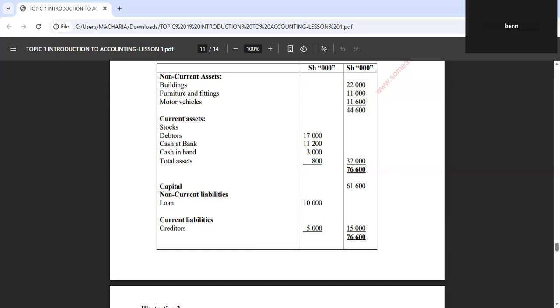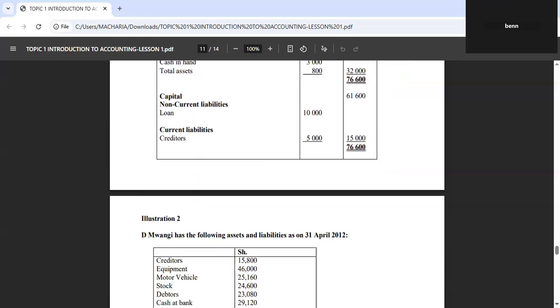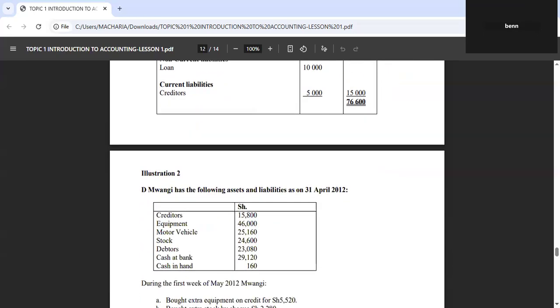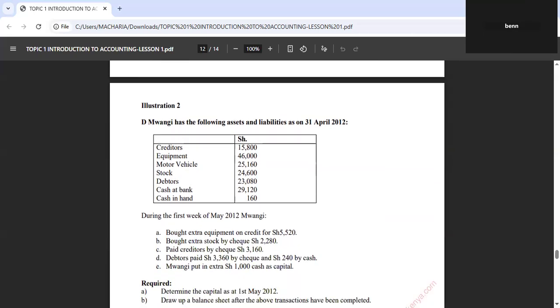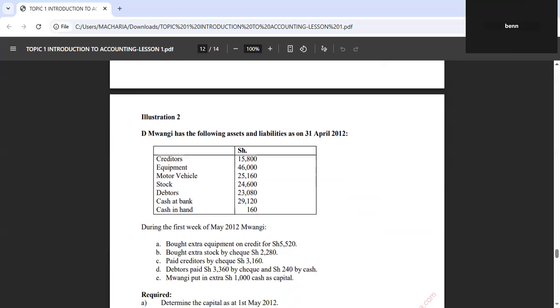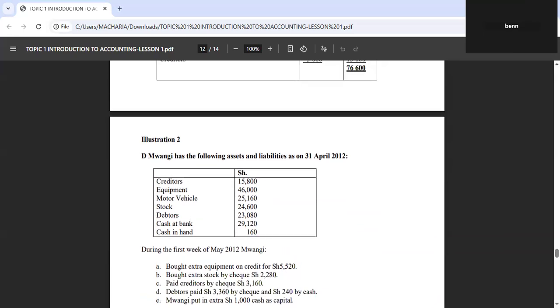Now, that is the first illustration. Let's have another one. D. Mwangi has the following assets and liabilities on 1st April 2012. And then you're told he has creditors, equipment, motor vehicle, stock, debtors, cash at bank, and cash in hand.